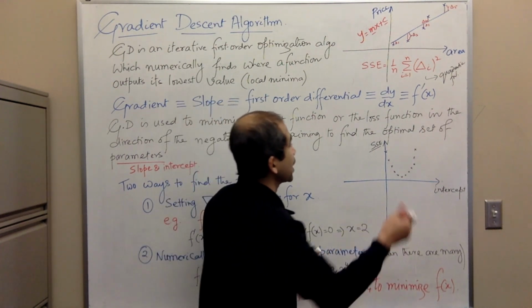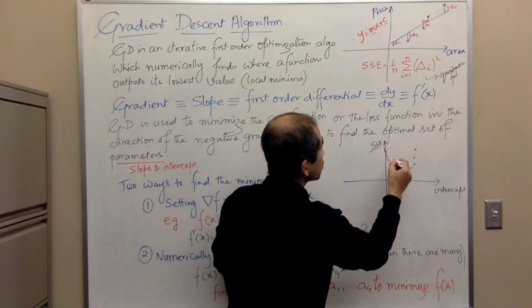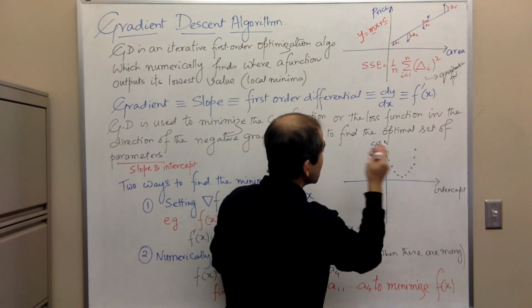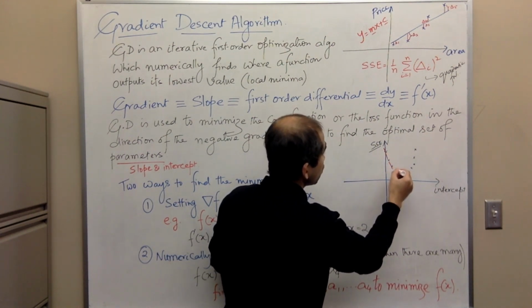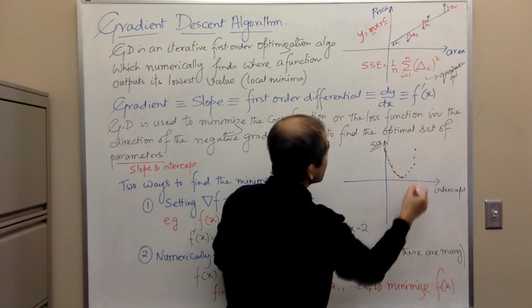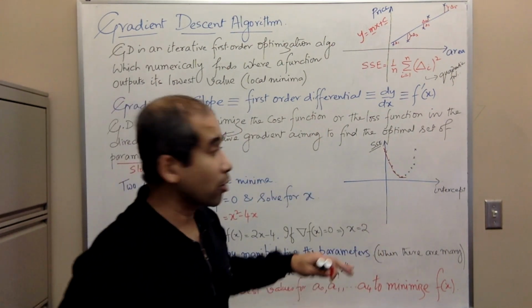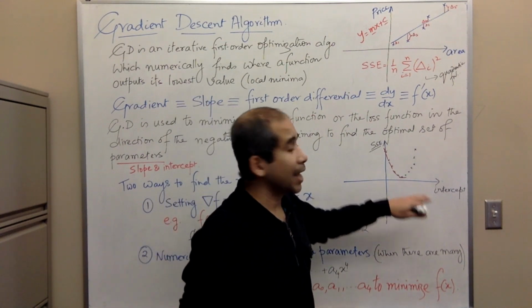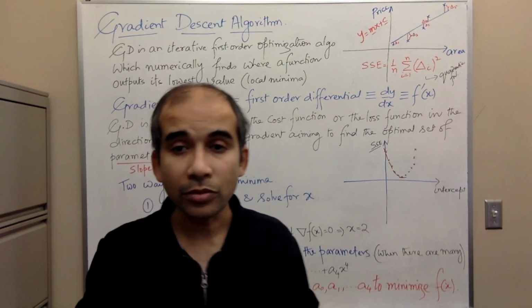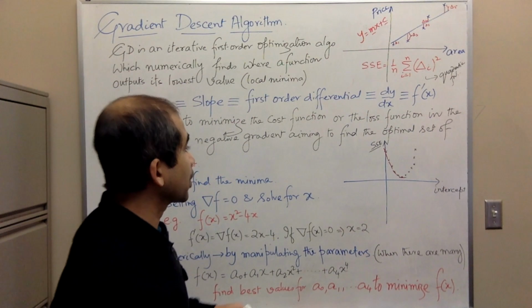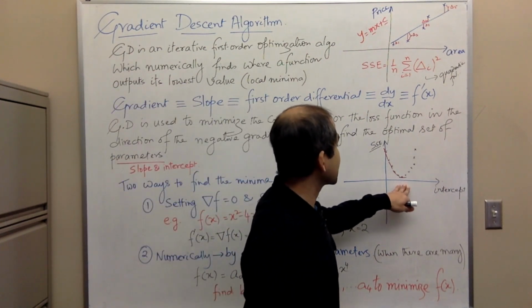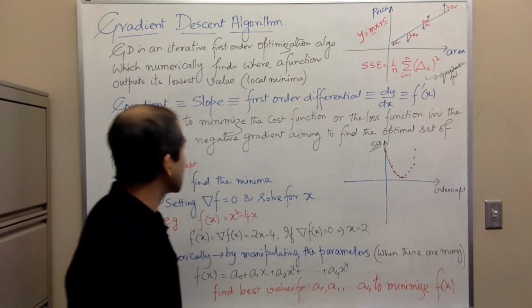So at every point, if we take the tangent, it is a measure of the slope, and at this point it becomes a straight line horizontal to the x-axis. So for a certain change of x, the y value doesn't change. Okay, dy/dx will be equal to 0.